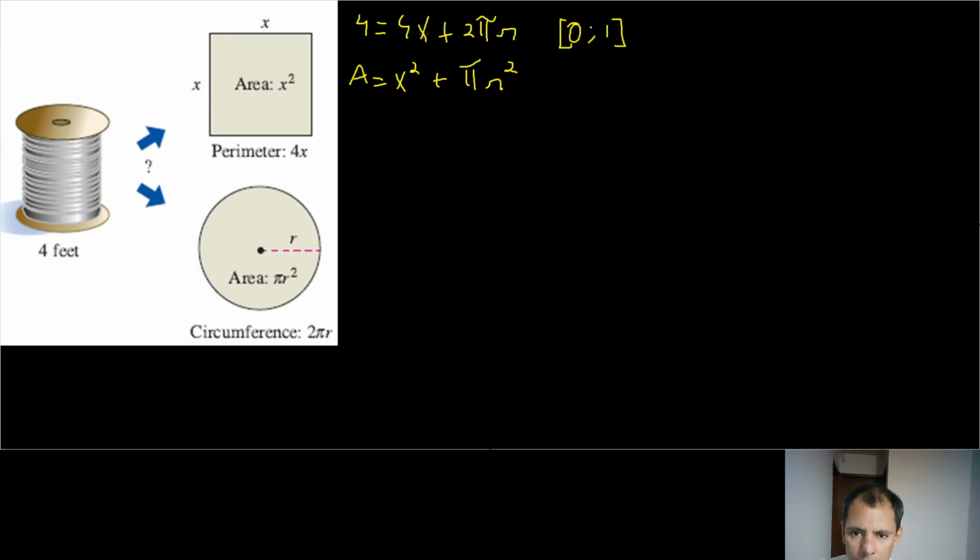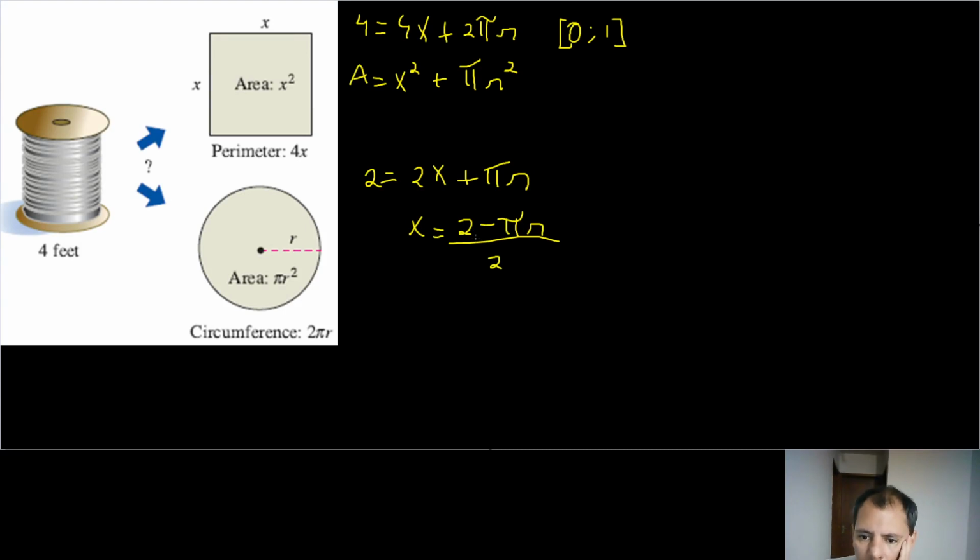So what is x? Using this formula here, first I'm going to divide everything by 2, so you get 2 equals 2x plus pi r. That means that x equals (2 minus pi r) divided by 2.